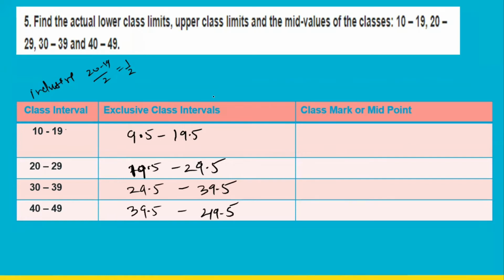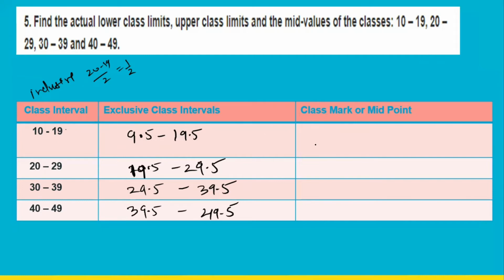Okay. And then you are asked to find the class mark or the midpoint. The midpoint is found by adding upper limit and lower limit and dividing by 2. Whether you use the exclusive class intervals or these class intervals, it goes the same, because 19.5 plus 9.5 is the same as 29, and 10 plus 19 is again 29.